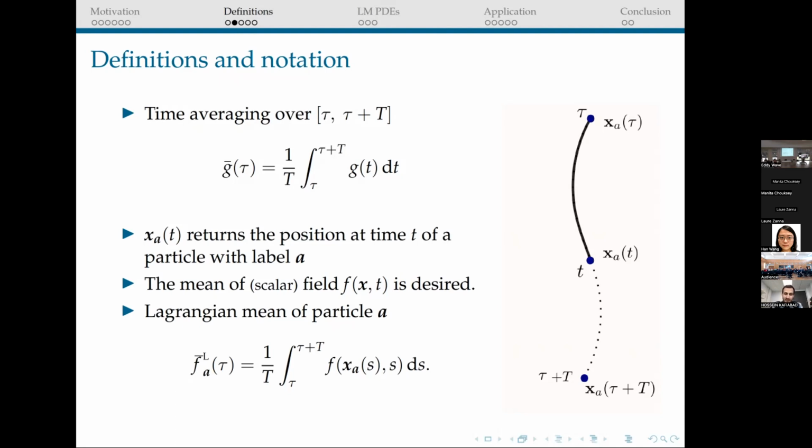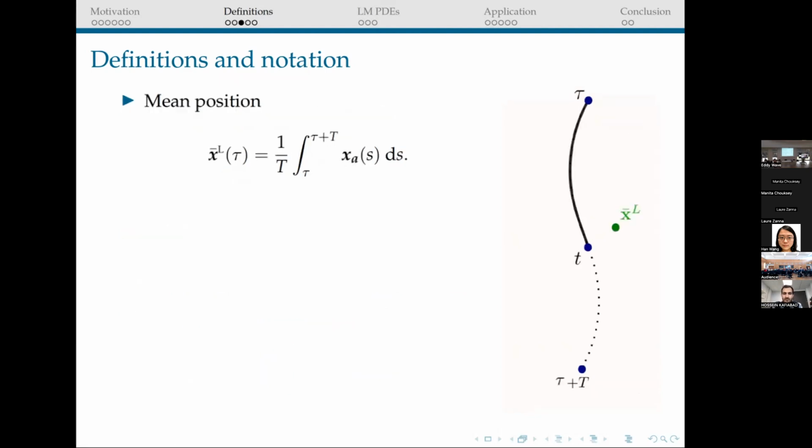Some of the advantages of this choice were mentioned in the previous talk by Han. So just to formulate that, I define my mean position with this integral. Basically, I took the position at different times in my averaging interval and computed the mean. And I use the displacement field that, again, I think Han used in her talk as well, which maps the mean position, which is not necessarily on the particle trajectory, can be anywhere, to the position of the particle at a particular time t.